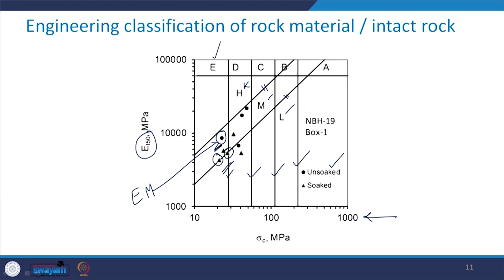Let us say you have conducted 10 tests on the same rock. 2 are lying here, and the rest 8 are lying above this line. Then maybe you can say that more or less its strength is going to be somewhere in this region. Accordingly, you can decide the classification for the intact rock using this Deere and Miller classification system.